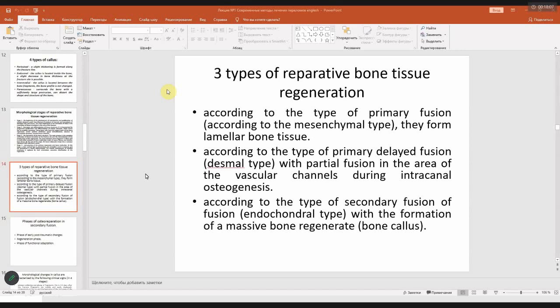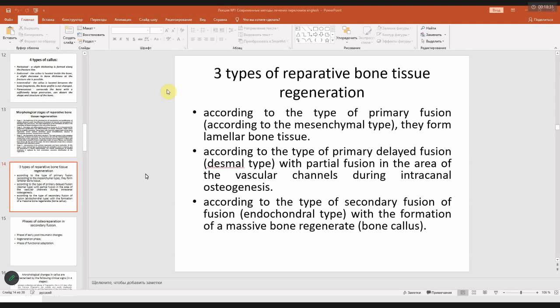Three types of reparative bone tissue regeneration. According to the type of primary fusion, according to the mesenchymal type, they form lamellar bone tissue.